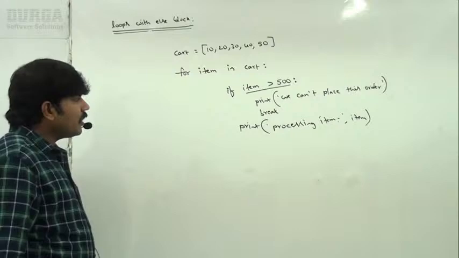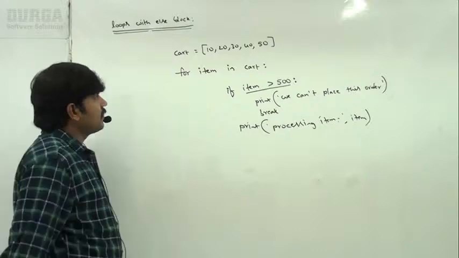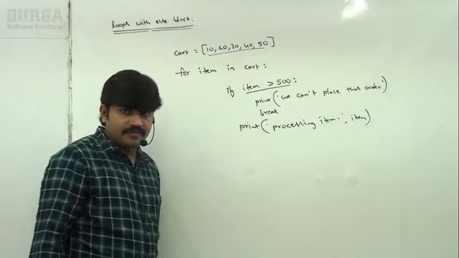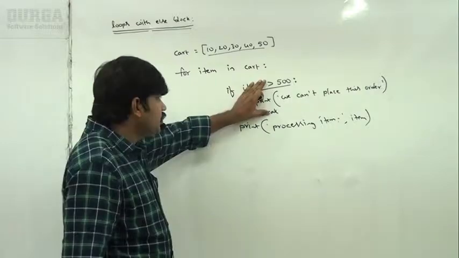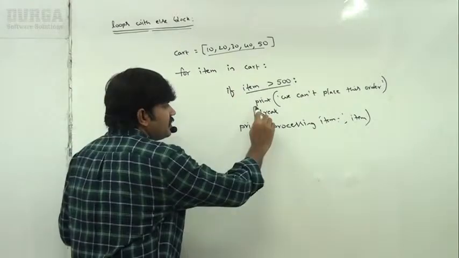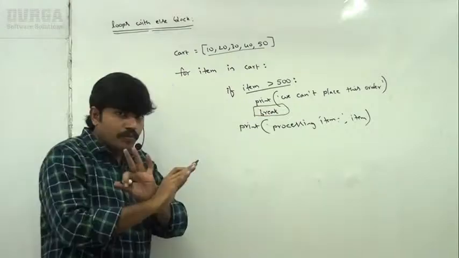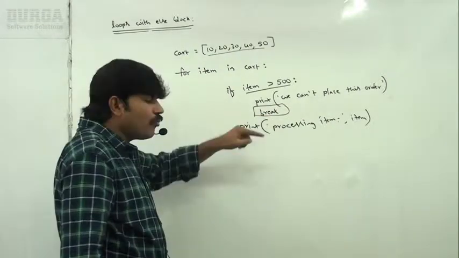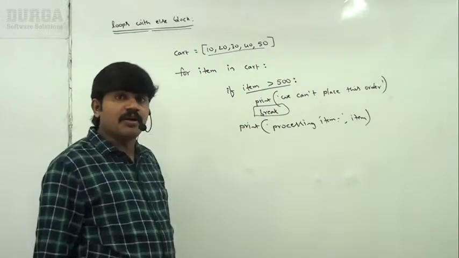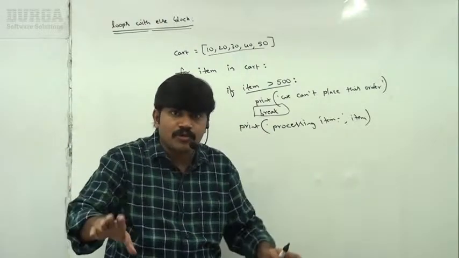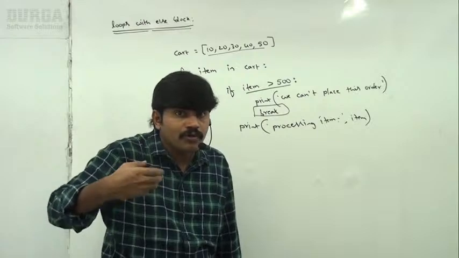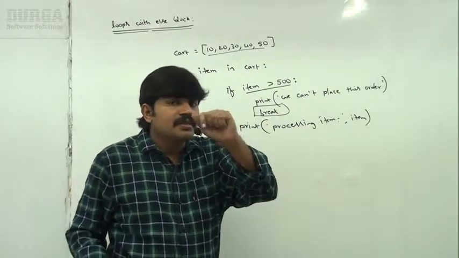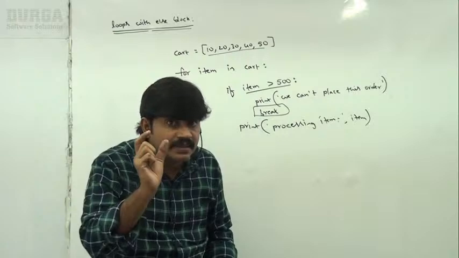Now take very special care. No item being greater than 500 means this situation never comes in our example. Break won't be executed, I'm sure. If the loop ends without a break, I want to print some meaningful message: Congratulations, all items processed successfully. Where do we have to define this? Inside the else block.